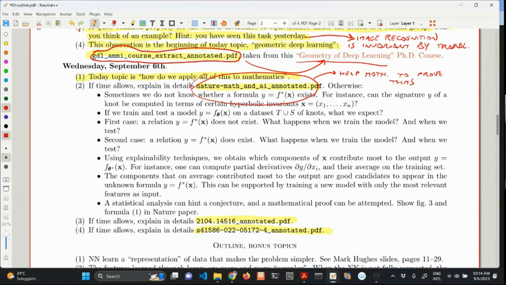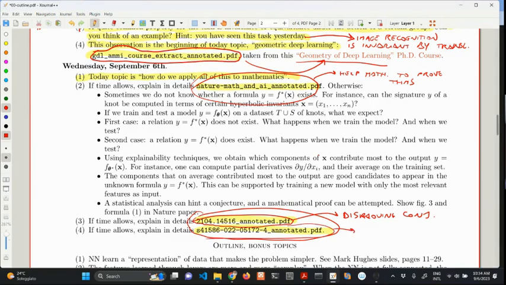While this one is disproving conjectures, and the third one is about finding a new algorithm for matrix multiplication.